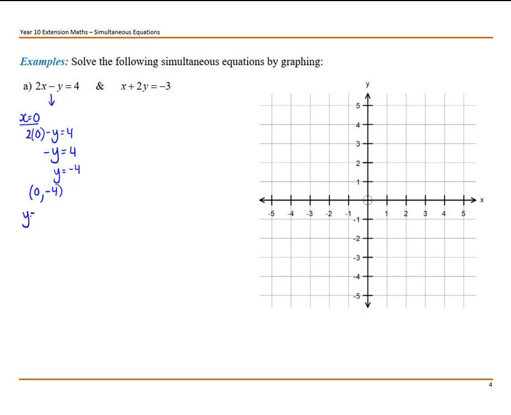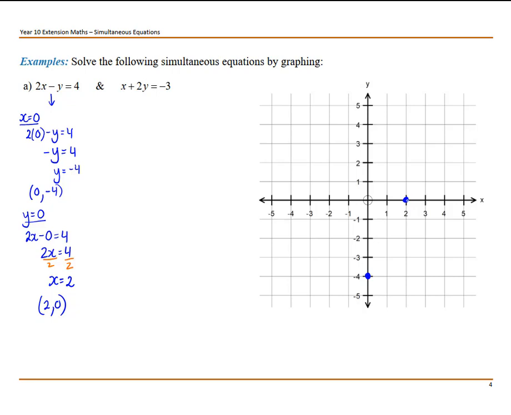We then go, well, what happens when y is 0? We're finding our x-intercept. So 2x minus 0 equals 4. 2x equals 4. We would divide both sides by 2. So x is 2. So that's the point 2, 0. When I come to sketching this, I've got 0, negative 4 as one point and 2, 0 as the other point.